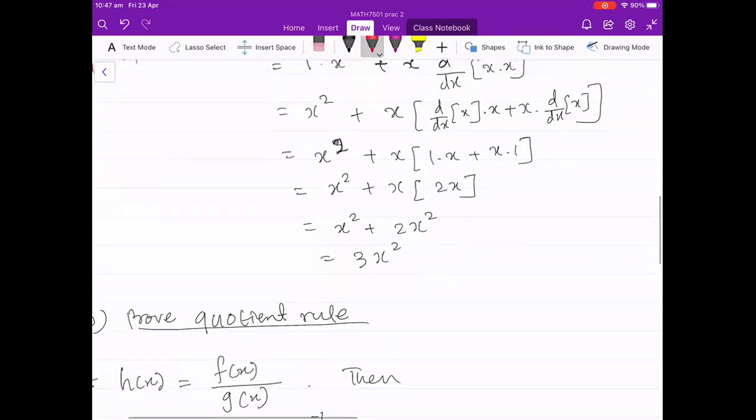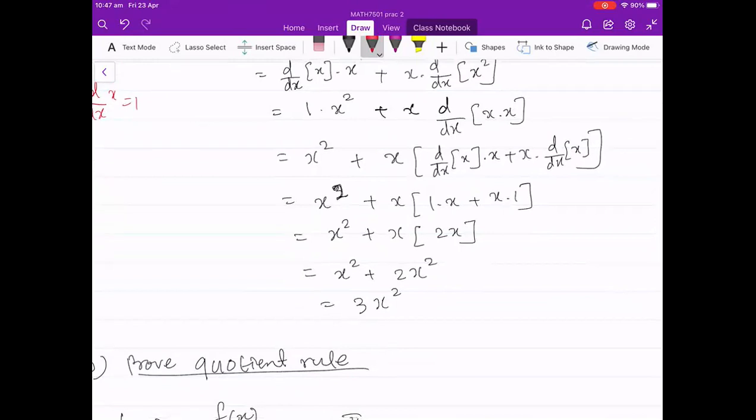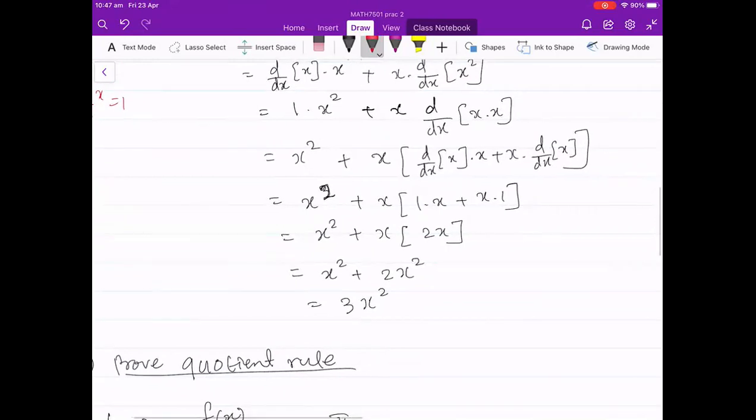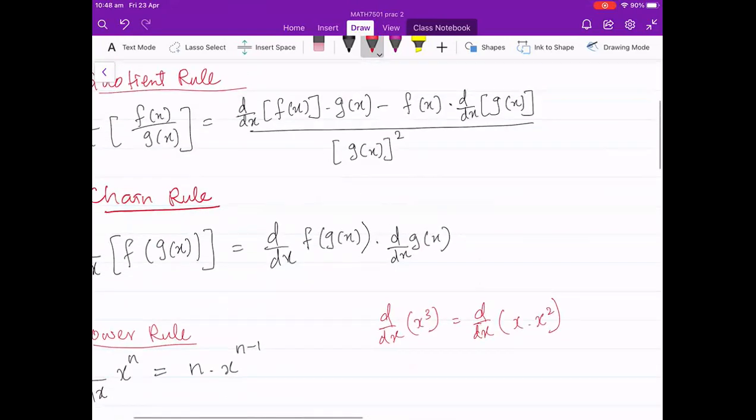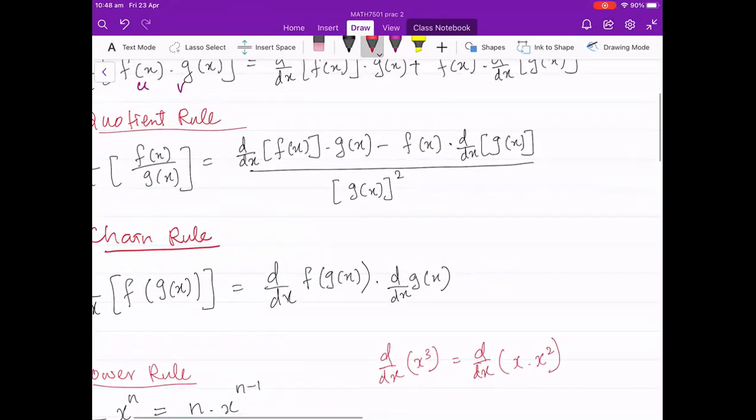Okay, part B is prove the quotient rule. Okay, remember quotient rule is this one. We need to prove that. How do we do that? Using only the product rule, chain rule, power rule.